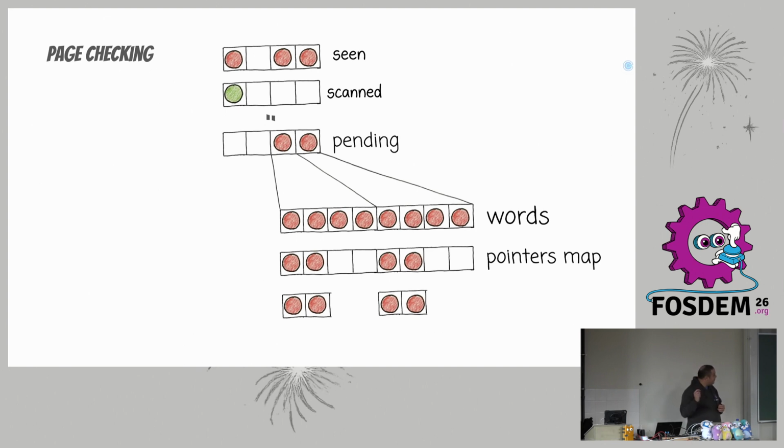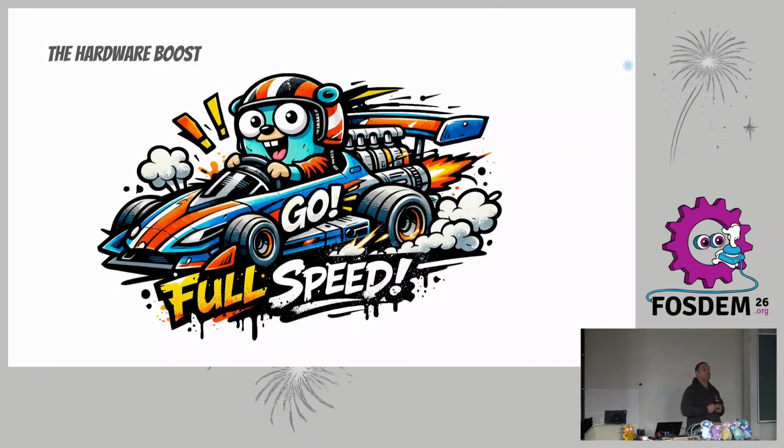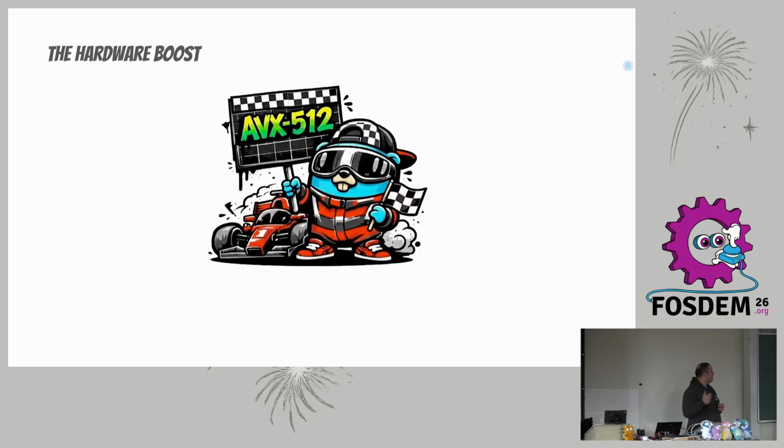But there's something else that is pretty cool, the hardware boost. So the Go GreenTea garbage collector is using AVX-512 instructions that are single instruction, multiple data, that are a set of instructions that allow you to parallelize certain operations at CPU level, which is pretty cool.